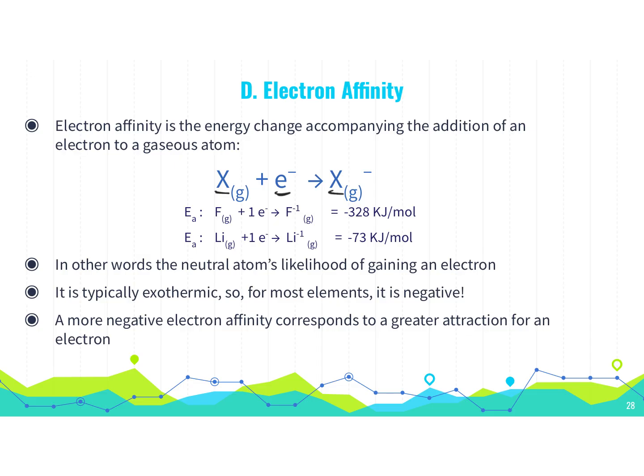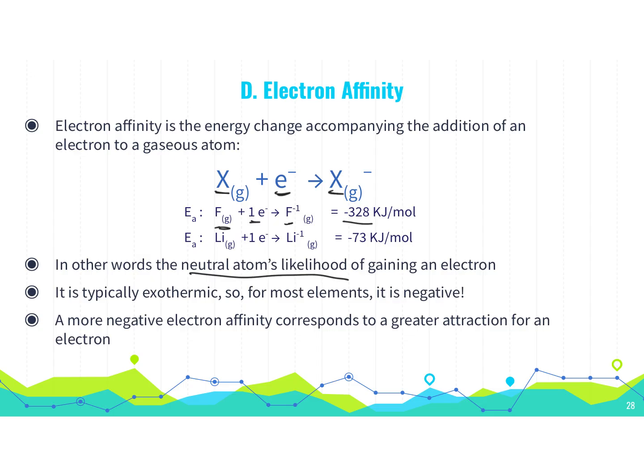So here's some examples here. For fluorine gas, you add one electron to F gas, you get F1 minus, and that amount of energy is minus 328 kilojoules per mole. So for lithium, it would be minus 73 kilojoules per mole. And so it's basically a neutral atom's likelihood of gaining an electron, right?